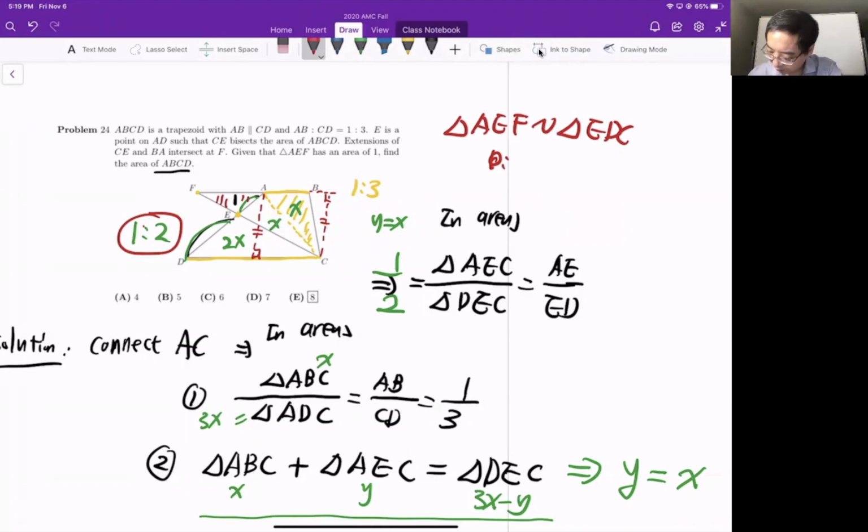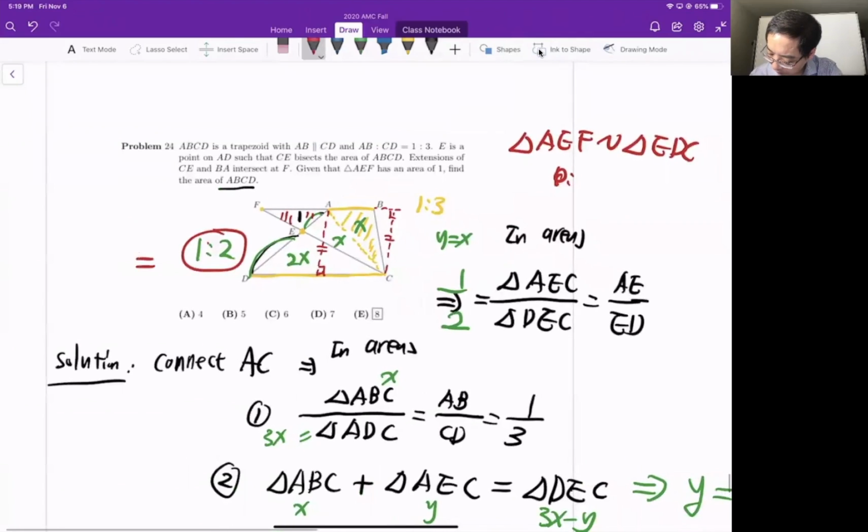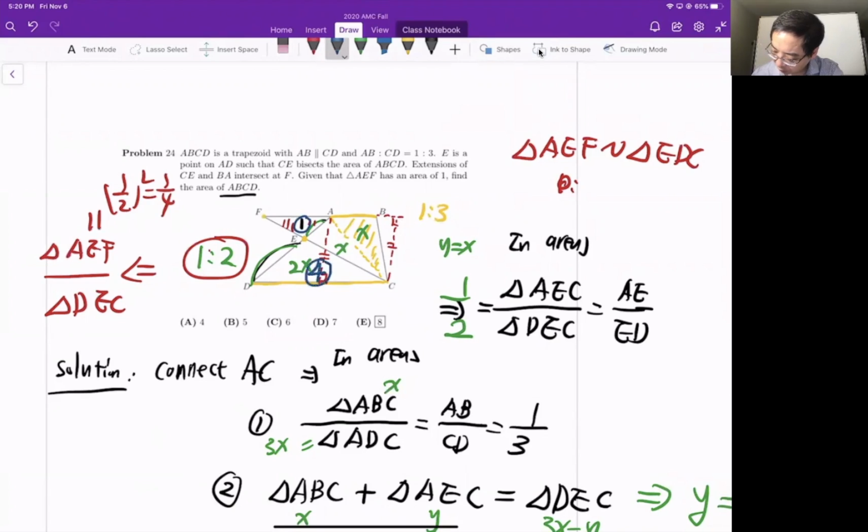So I derive the area of AEF over the area of DEC equals 1 over 2 squared, which is 1 over 4. Therefore, this one is 1, and this one is 4.